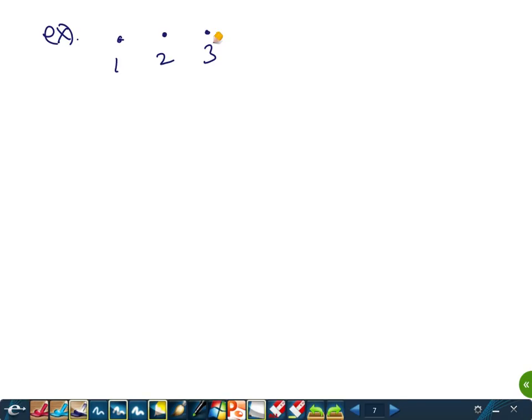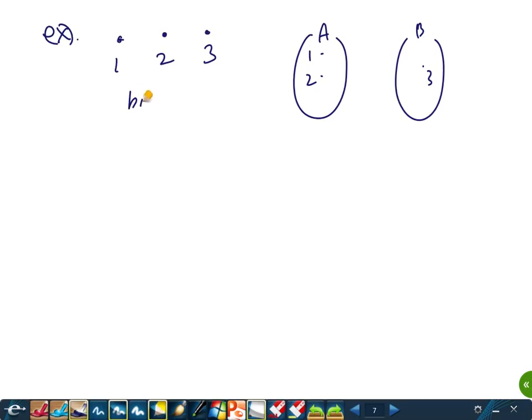Partition this, make this into two groups. Actually, no matter how you put the dots, it will be bipartite. Because the only condition is that you don't have edges between vertices in one set. Already we don't have anything, so it's bipartite. Yes, 1, 2, 3, that's fine. You don't have to have an edge between these. It's bipartite.